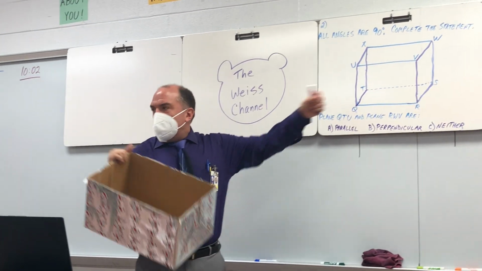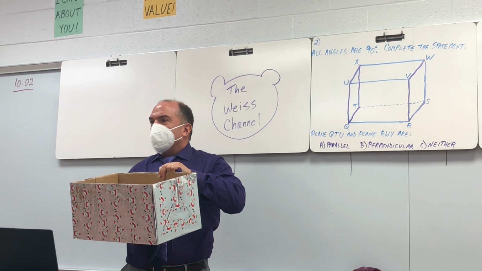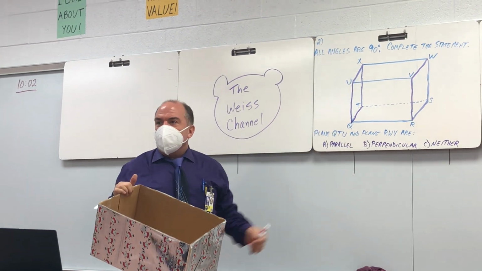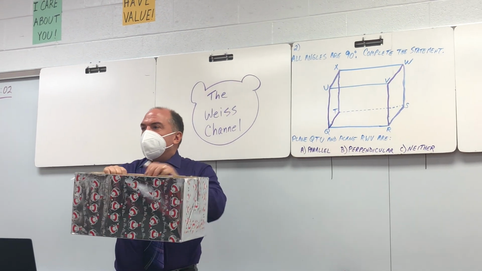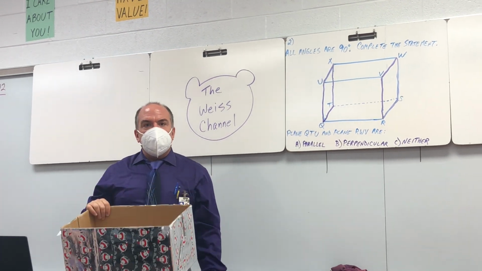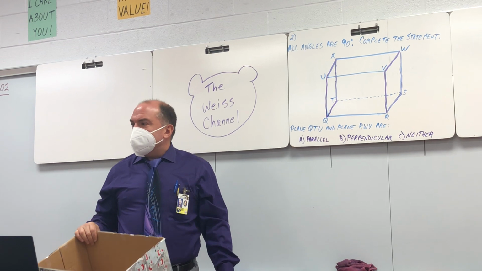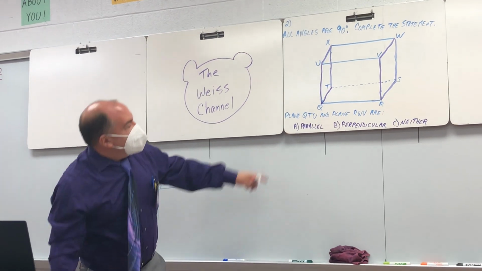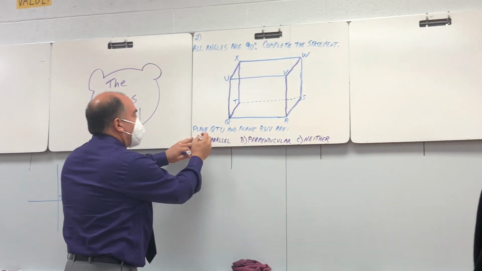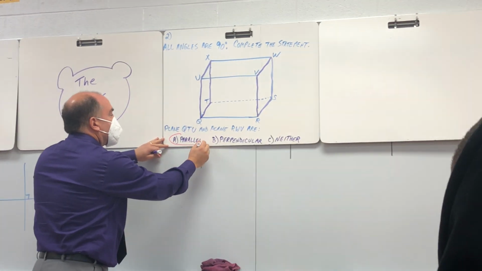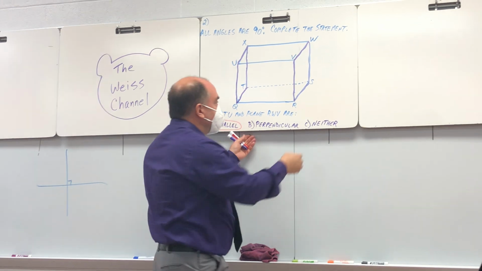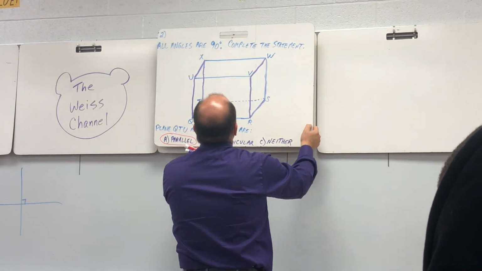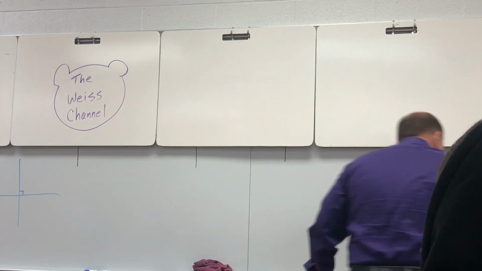It's hard to draw a three-dimensional figure in 2 dimensions, but that's what this means. This side is parallel to this side. Can I have a nod? Does that make sense? So the answer here is parallel. No problem there.